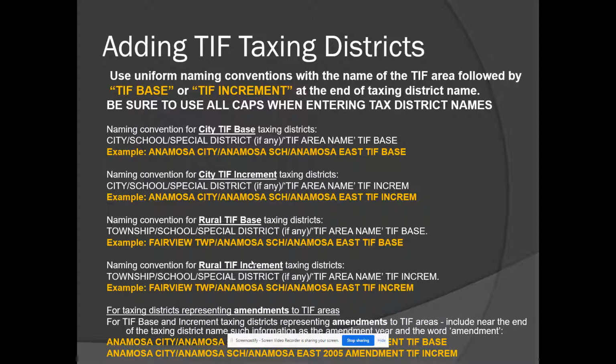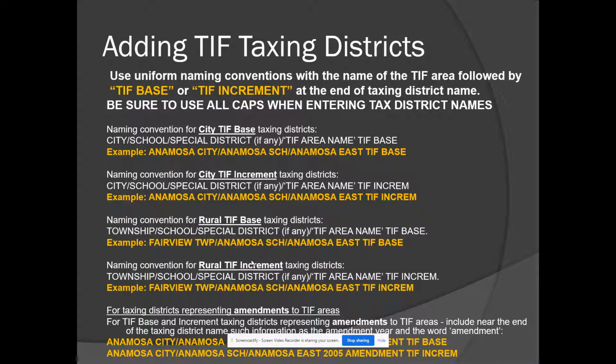So for example, if you have a city district, you have Anamosa City, Anamosa School, Anamosa East, say East is the name of the project or the area, and then you end it with TIF base. For the increment, it would be the same, but you end it with TIF increment, INCREMEM or INC, that doesn't really matter, but just clearly identify TIF increment at the end.